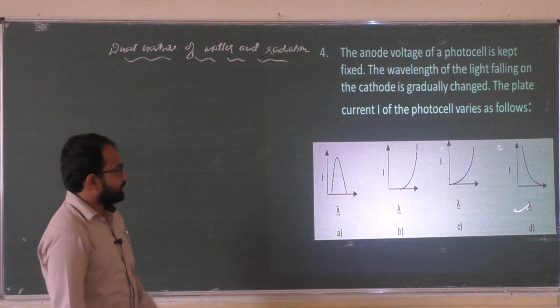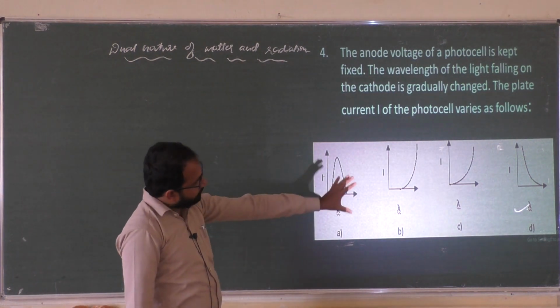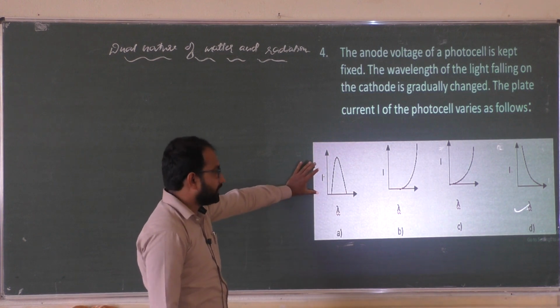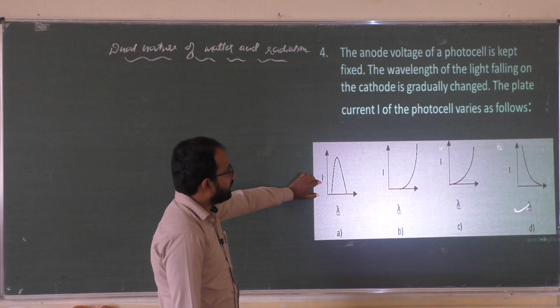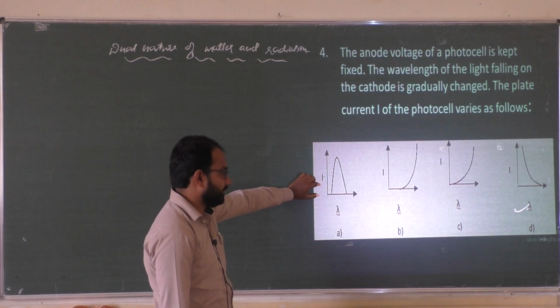See, if you compare the four graphs, all the graphs tell about the variation of current with respect to lambda.